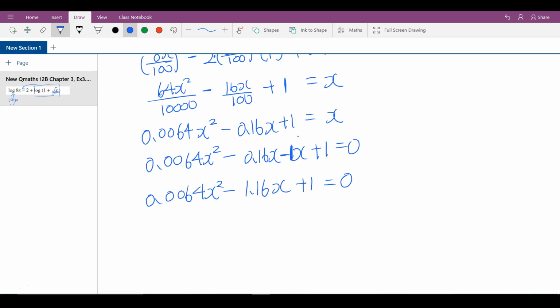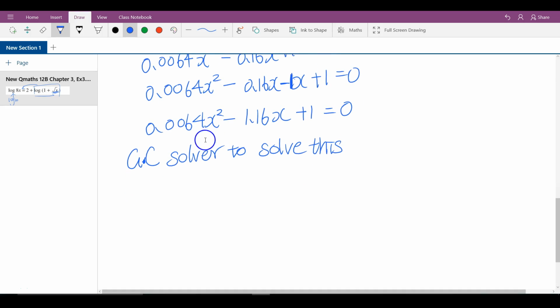And now we can use GC, which is a graphic calculator solver, to solve this. I believe there should be 2 answers.